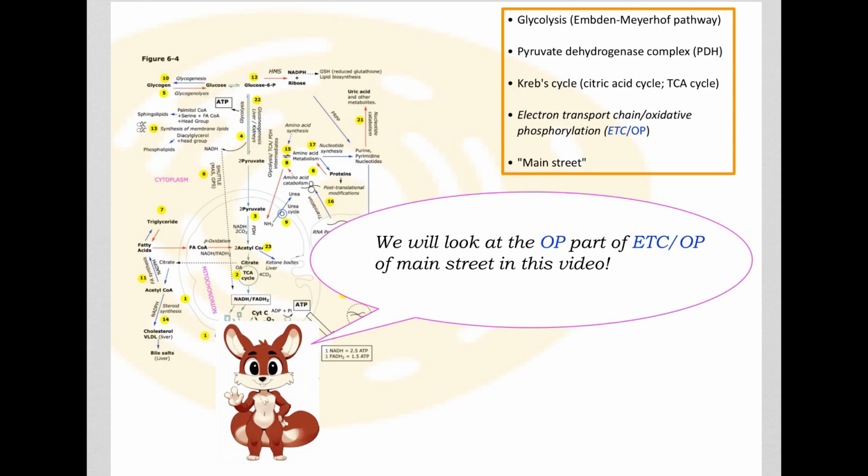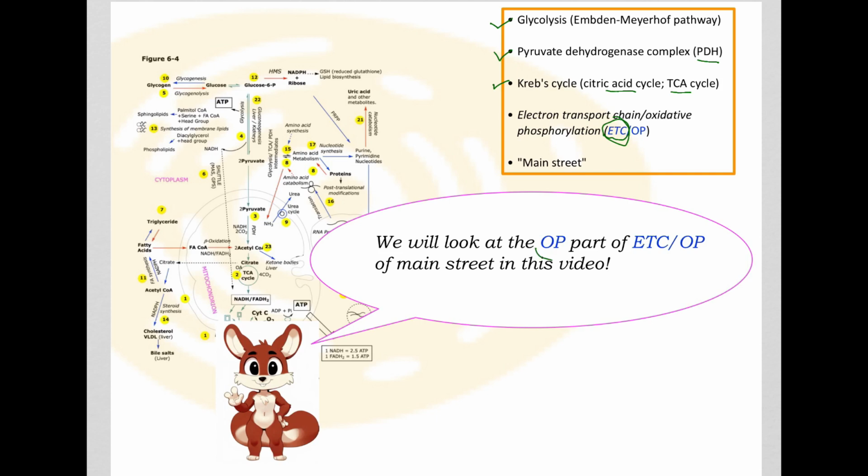We discussed the glycolysis part of Main Street, the pyruvate dehydrogenase or PDH part, the Krebs cycle or the citric acid cycle or the tricarboxylic acid cycle part, and we also discussed the electron transport chain part of Main Street.